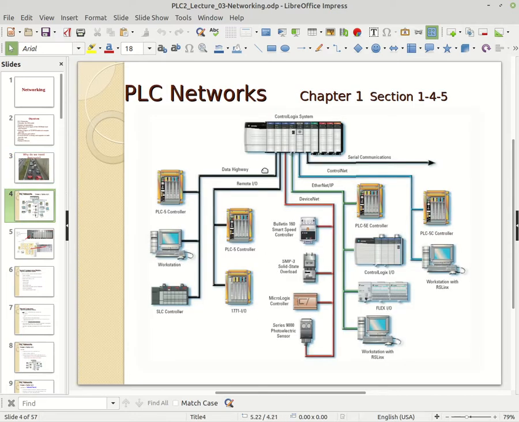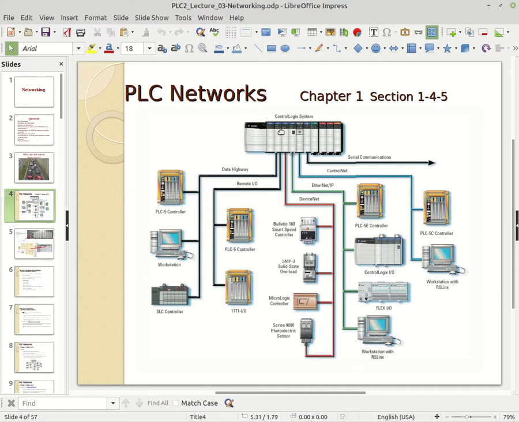So when we look at a standard PLC, such as the ControlLogix PLC, there's lots of different types of networking that it can do. It can use something called the data highway. It can just use remote I/O. It can use Ethernet/IP. It can use ControlNet.